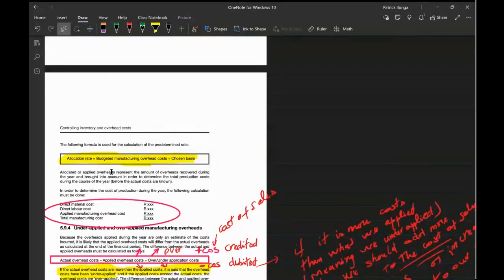To take the overhead cost, the indirect cost, and allocate it to the main production department. All right? So an allocation rate will be, let's say, total manufacturing overhead cost divided by a chosen basis. We will have what the allocation rate is. It is a rate. It is a percentage. A rate is a percentage, right?